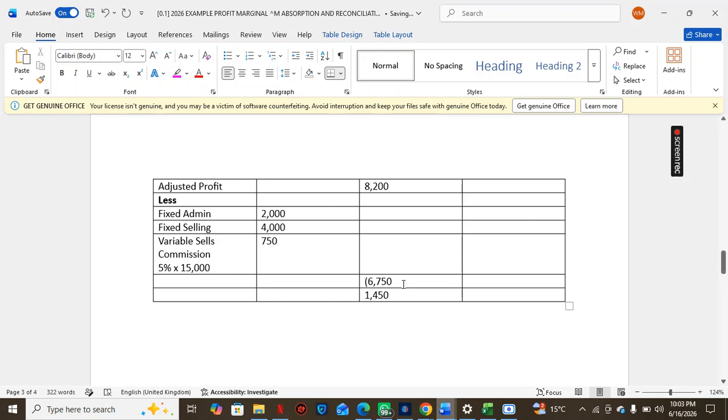So our net profit is going to be 8,200 minus 6,750, 1,450 euros.